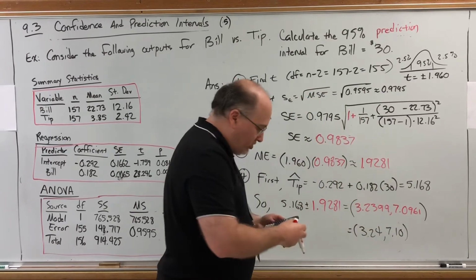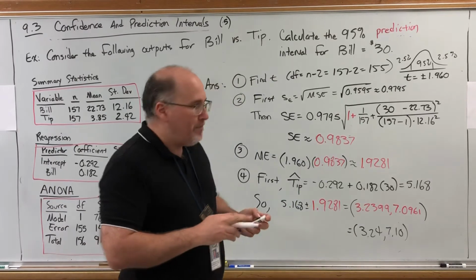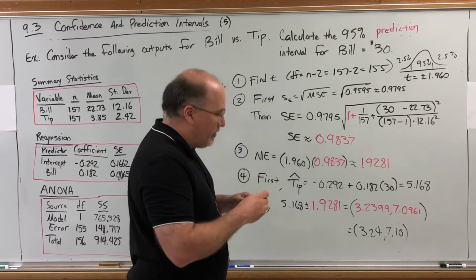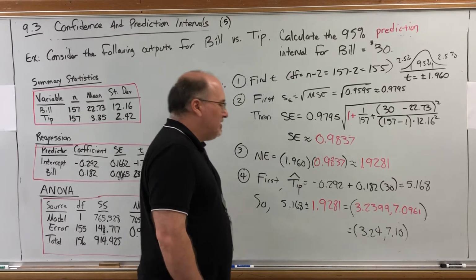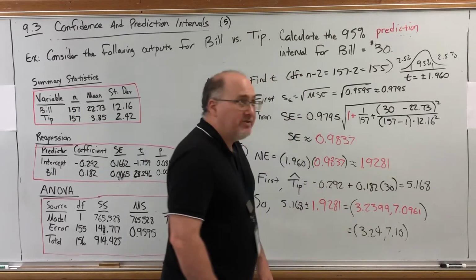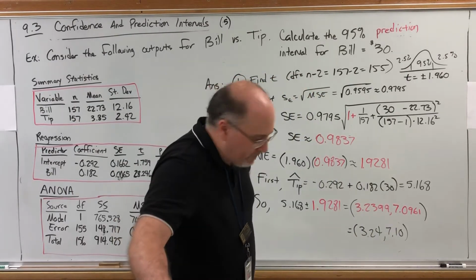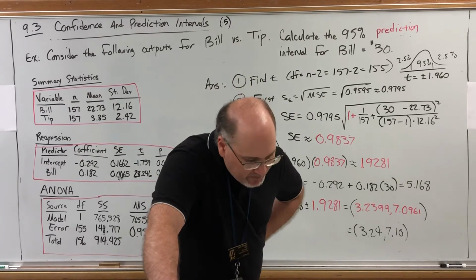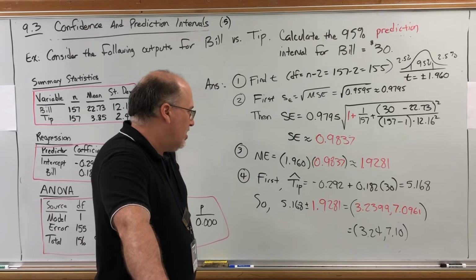So what this answer says is, if we were to look at all bills ever that were $30, we predict that 95% of the tip values would be between $3.24 and $7.10. I don't remember what the prediction interval was earlier. It was $3.23 and $7.12. So our calculations were 2 cents off.